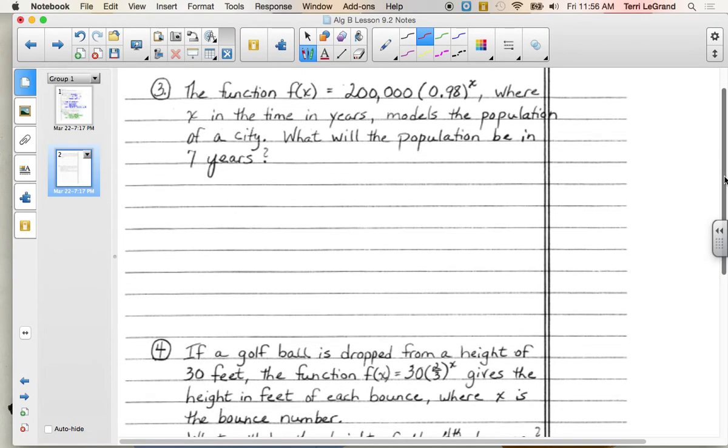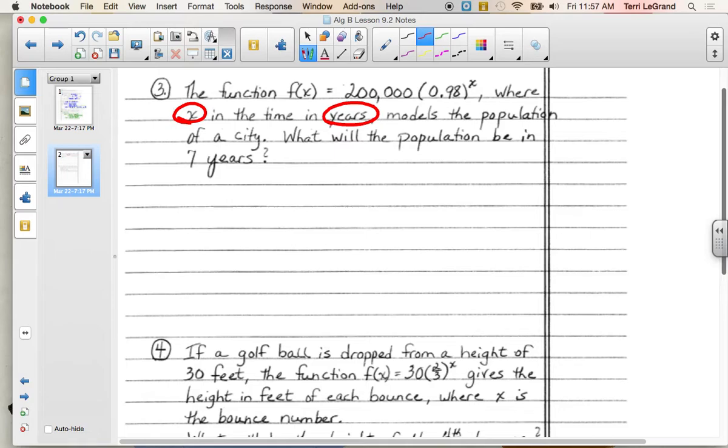I like this stuff. The function f of x equals 200,000 times 0.98 raised to the x power, where x is the time in years. That's kind of important. You always want to point and say to yourself, oh, x is years. Models the population of a city.